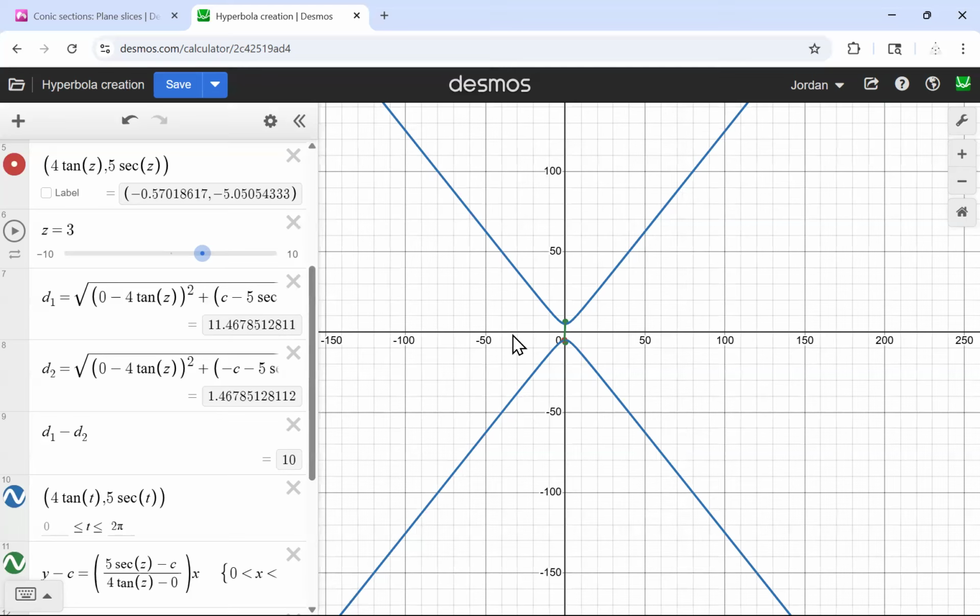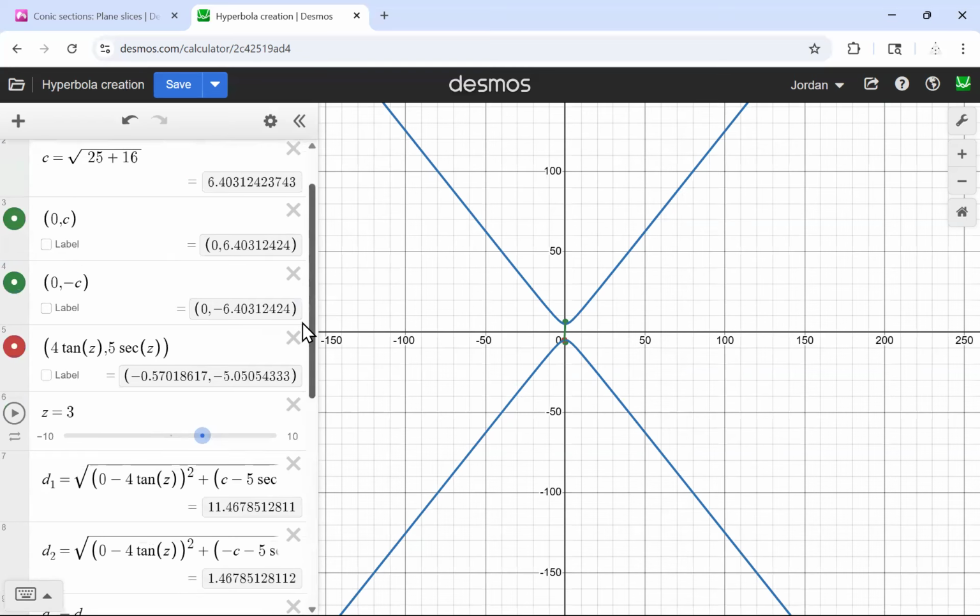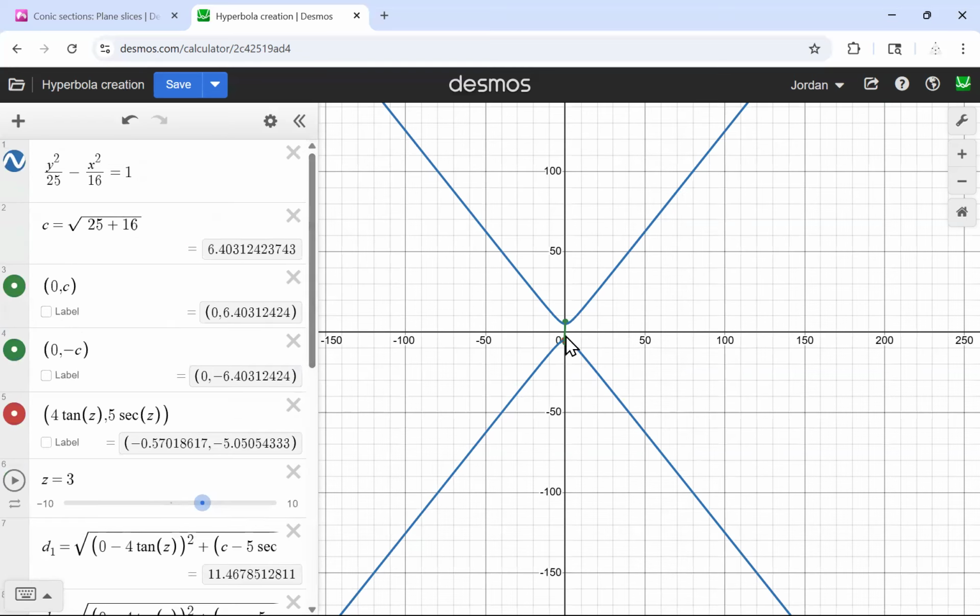The ends of these hyperbolas look like lines going in all of these directions. And that's where we end up with those asymptotes, okay?